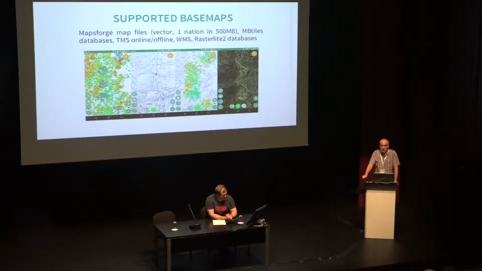The background maps, it's obviously quite important to have the possibility to have any background. So clearly, OpenStreetMap data work, but many times you have to do technical surveys, and so you need technical maps. And this can be done, and maps can be, as you can see, overlaid with different shapefiles.